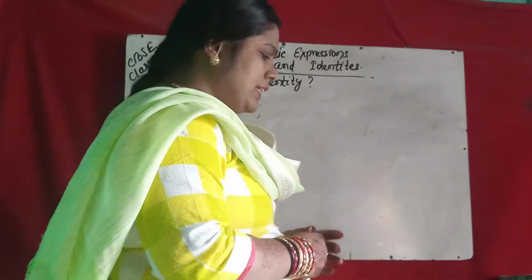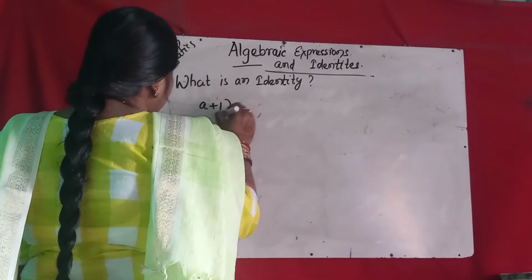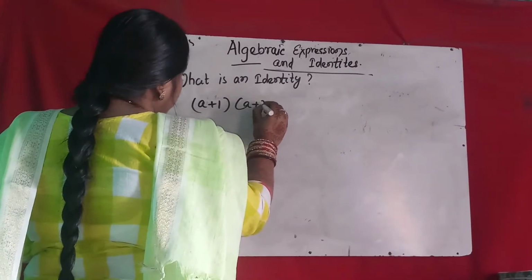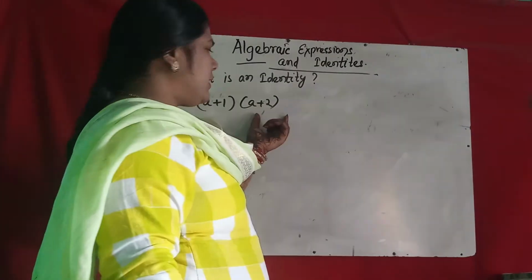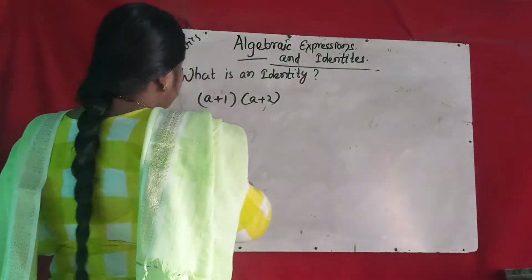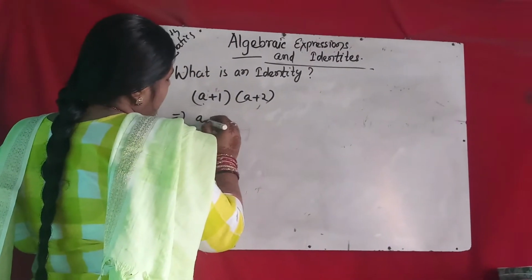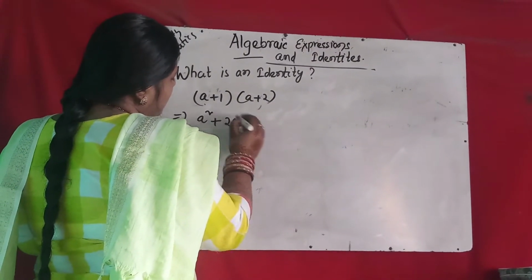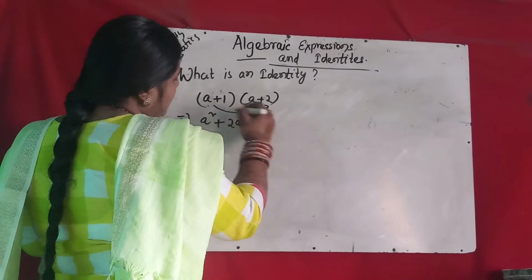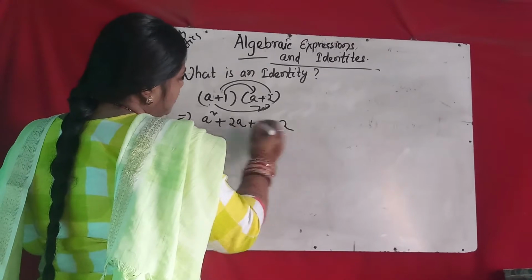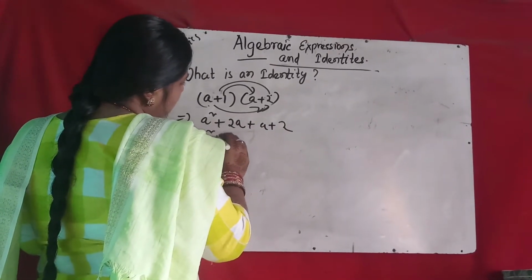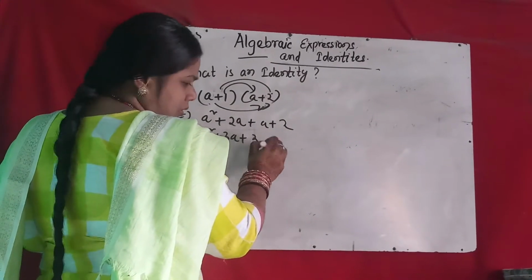So let's take an example. Suppose (a plus 1) into (a plus 2). So let's multiply. It is binomial with binomial. So multiply: a square plus 2a, then a plus 2, that is a square plus 3a plus 2.